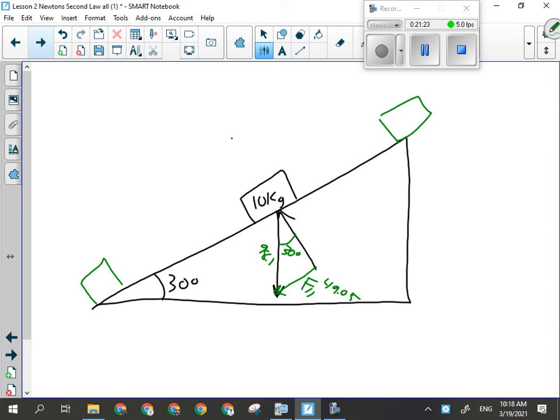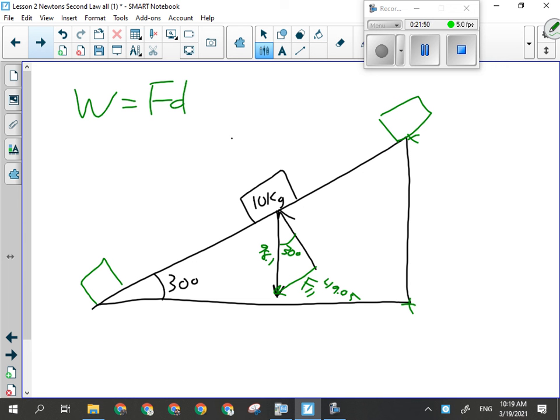To make work easier. It doesn't make less work though. There is not less work to move it up the ramp. Because remember, and we'll get to this later in the unit, work is equal to force times distance. If I lift the box from here to here, this is a smaller distance than along the ramp.